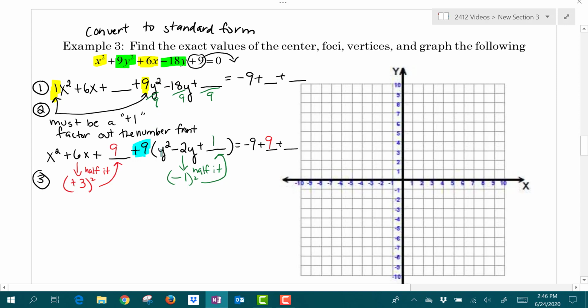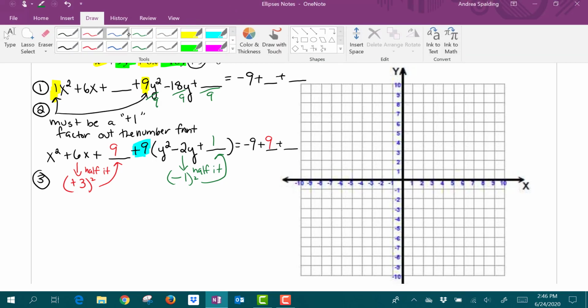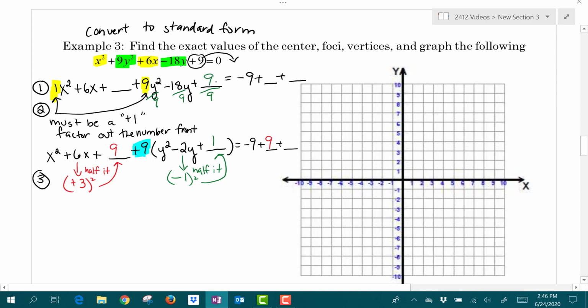So positive 9 times y squared would give us back 9y squared. Positive 9 times a negative 2 would get you back to negative 18. But if you take a positive 9 and multiply it times a positive 1, you actually would get a 9. So actually, up here in this space, you would have a 9 sitting there that you didn't have before.